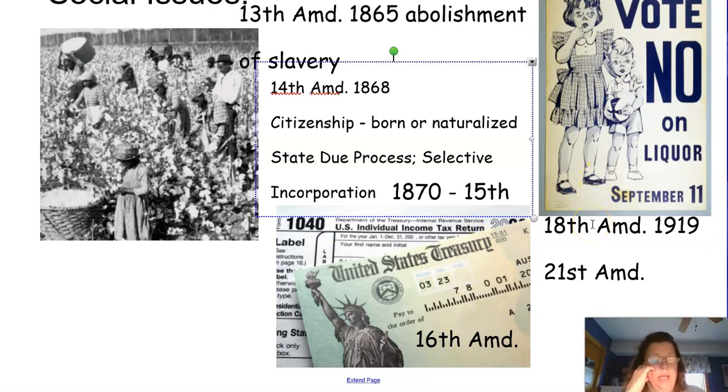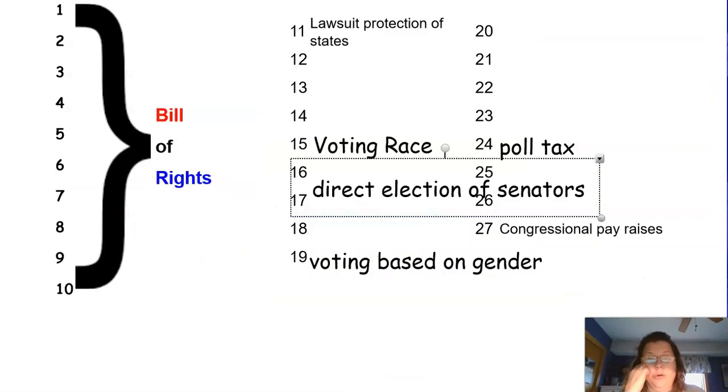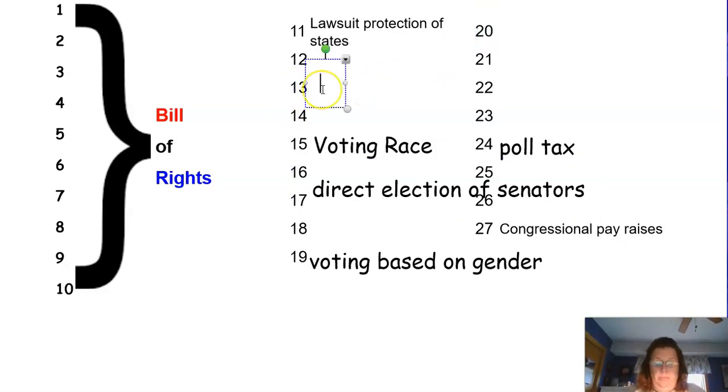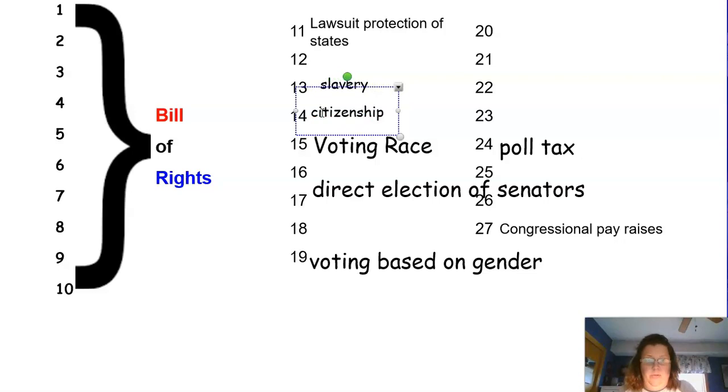And the 18th Amendment and the 21st Amendment deal with prohibition. So if I go back to this, let me see if I can get this to be a little bit more user-friendly. The 13th Amendment was slavery. Then we have the 14th Amendment that dealt with citizenship and state due process.